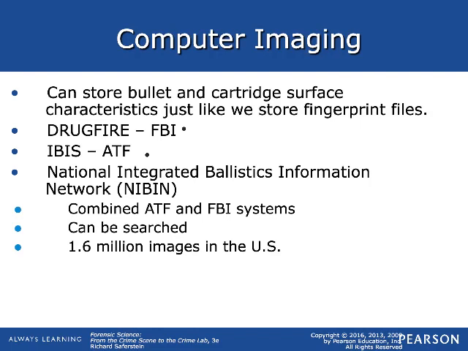And then there's another one called IBIS, and that was coordinated by the ATF. DrugFire and IBIS were combined, and that became NIBIN, N-I-B-I-N, the National Integrated Ballistics Information Network. You can search the images just like you can with a fingerprint file. There's 1.6 million images that have been collected so far in the United States.